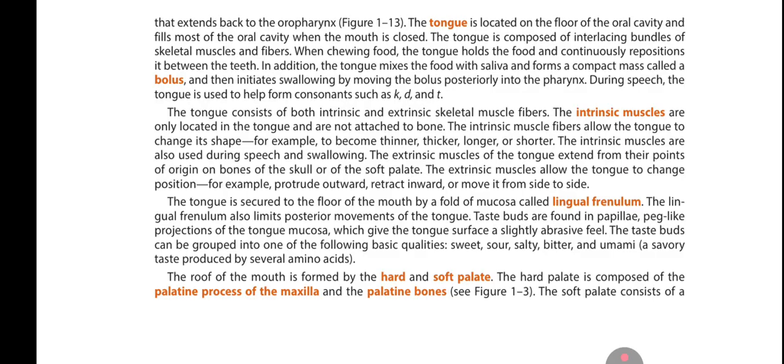It permits the posterior movements of the tongue. We also have papillae on our tongues, which are peg-like projections that give the tongue surface a slightly abrasive feel. There we can taste the qualities of sweetness, sour, salty, bitter, and umami.